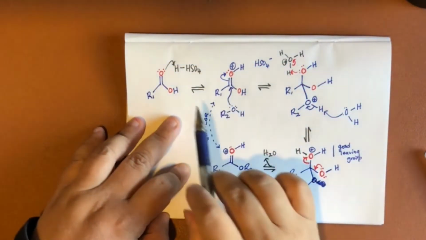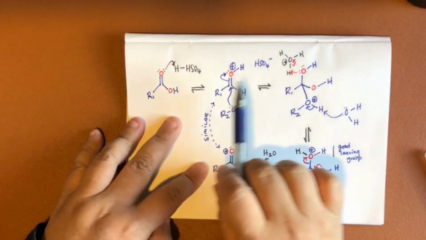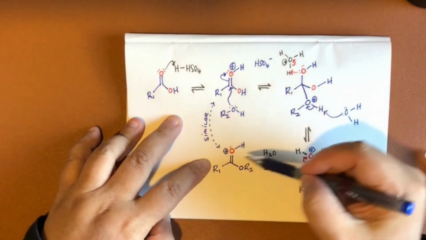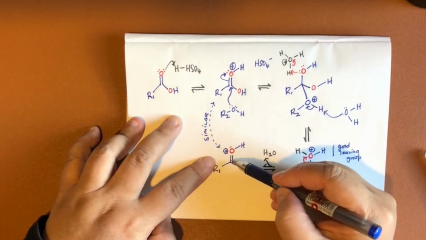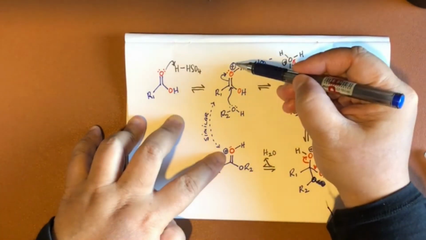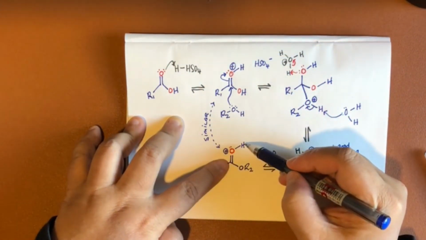So we are actually returning in one full circle, going back to this same species more or less. You still have the carbonyl and the positive charge, the same as with this one, so still protonated.